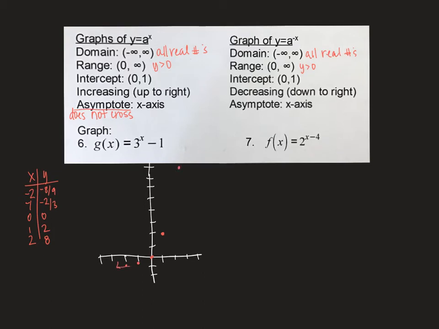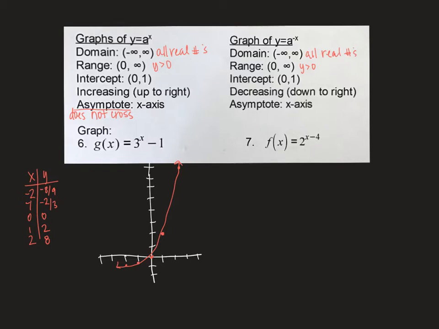It's still going to have the same shape. It's just that instead of having an asymptote at the x-axis, it has an asymptote at y equals -1. And instead of having a range of y greater than 0, it has a range of y greater than -1. So everything's just shifted down 1 unit.